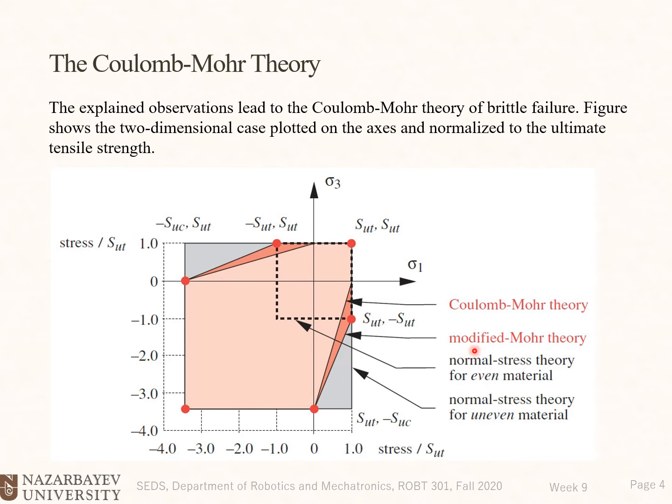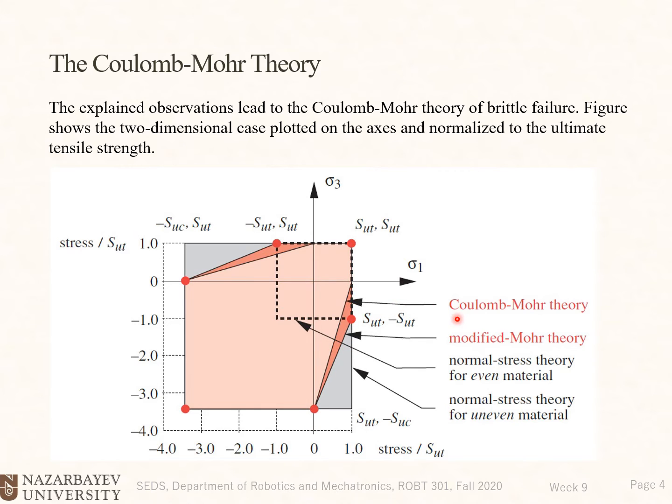In the second or fourth quarter, because one of the stresses is negative, we need to find a failure line, and we could find a failure line in the sigma 1 and sigma 3 plane by connecting this point to this point.